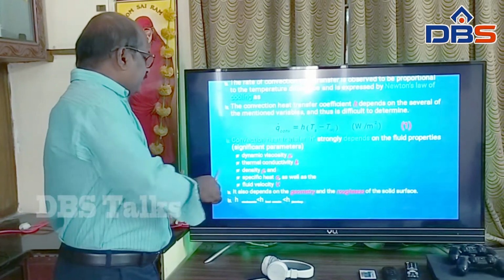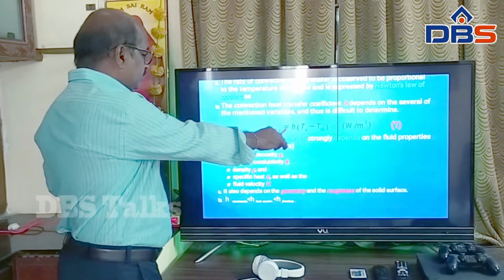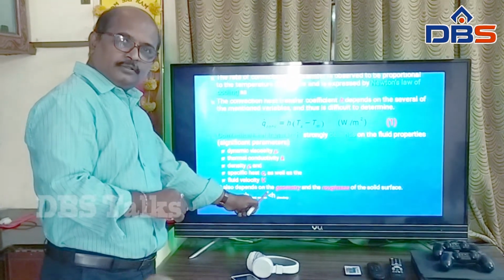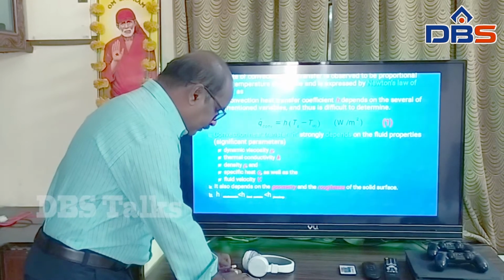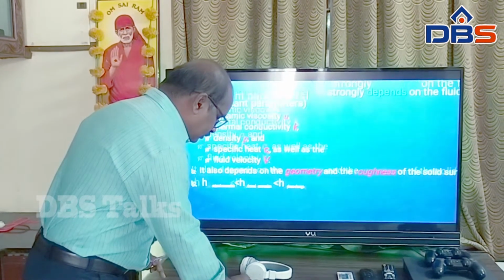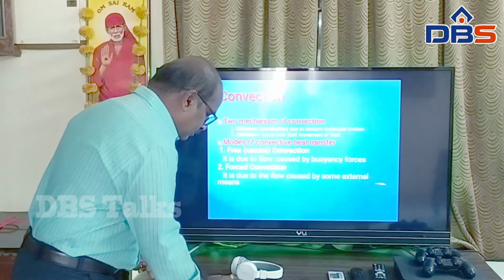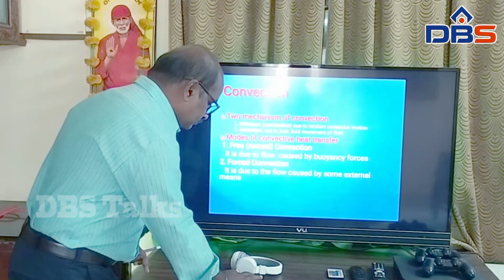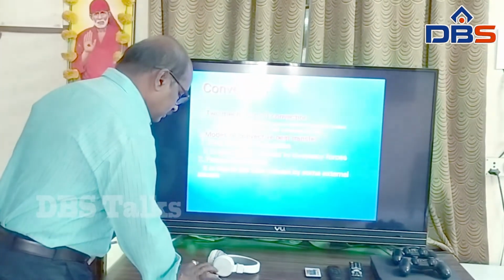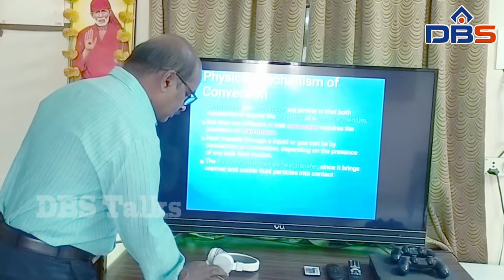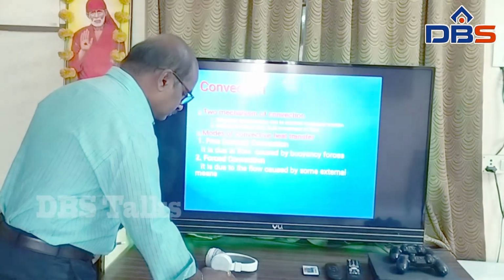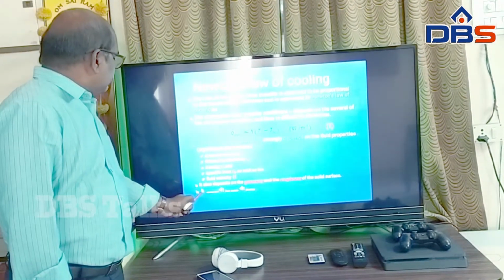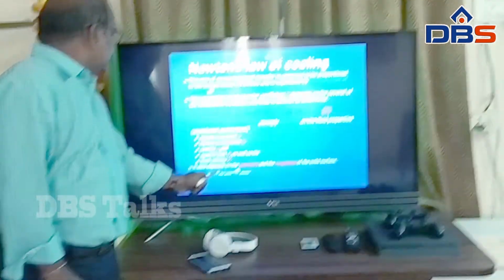And if you compare the convective heat transfer coefficient for different cases, for natural convection and forced convection, the heat transfer coefficient between natural convection and forced convection.